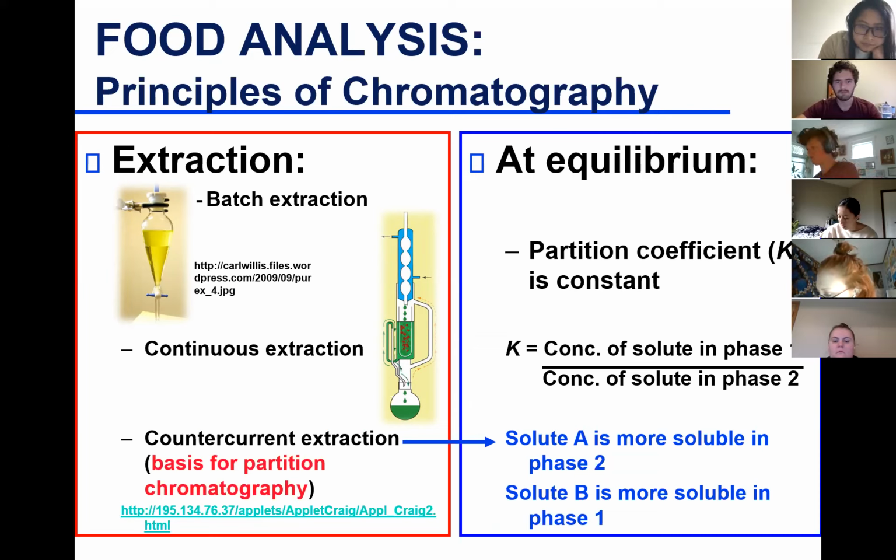If your component likes phase one, the mobile phase, and interacts with it more, it will have a higher partition coefficient. If your solute likes phase two, like solute A in this example, which is the stationary phase, then your partition coefficient at equilibrium will be smaller.